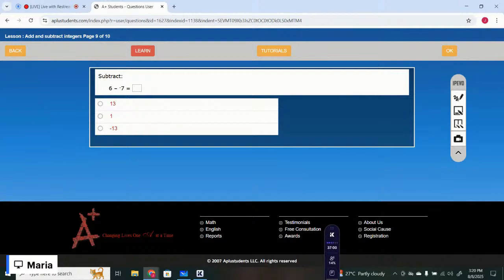That is 6 plus 7 makes, that is 13. Option number 1 is the correct option.